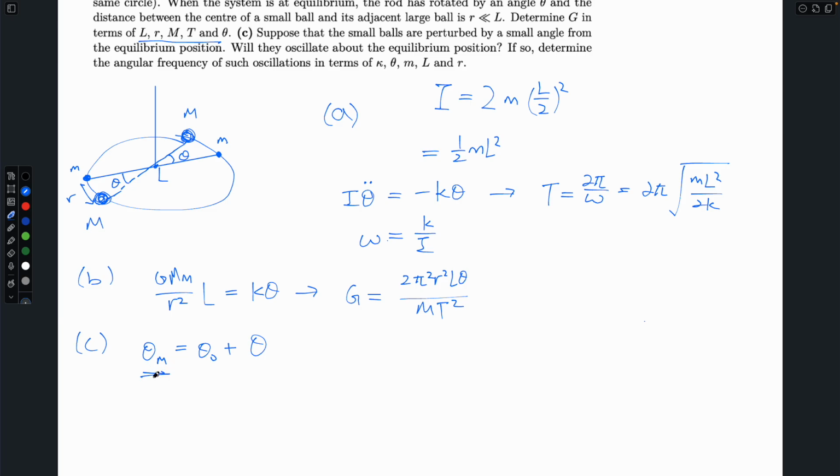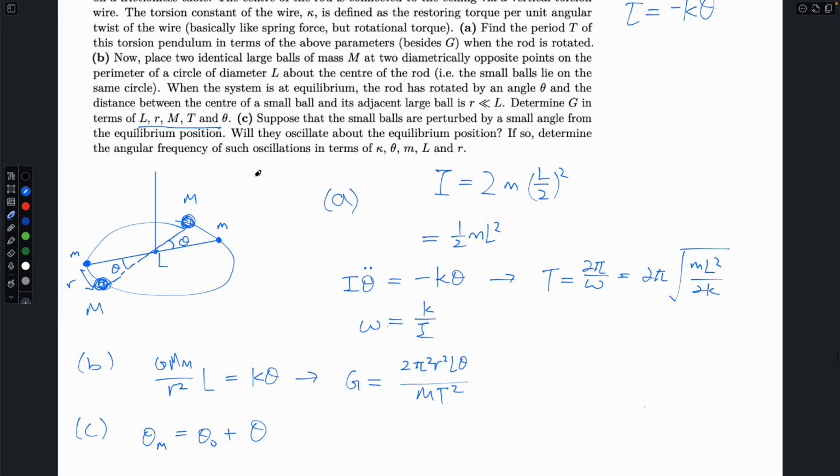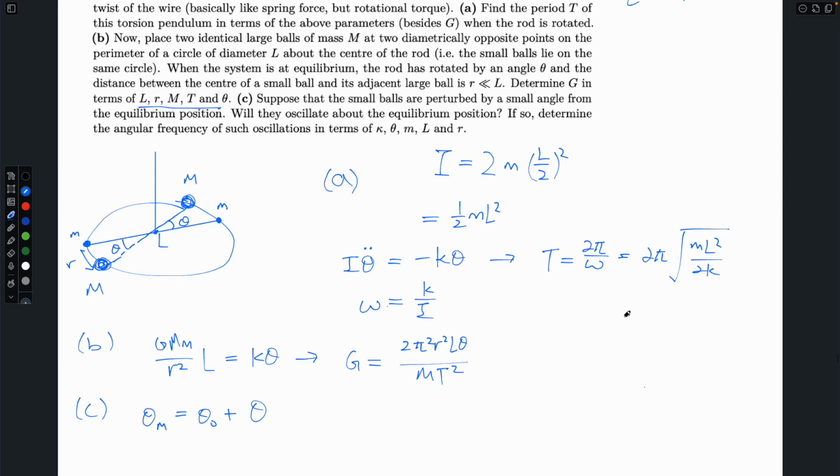So theta m is just the general coordinate of big M. Does that make sense? And then theta naught is the equilibrium angle it has rotated through. I'll define this like this. So theta naught should be over here.